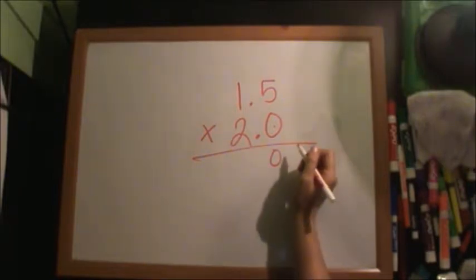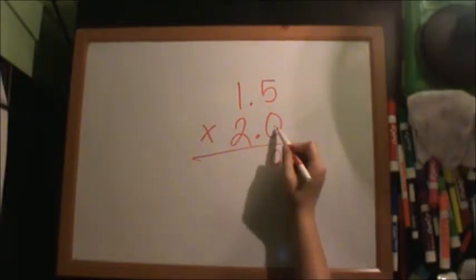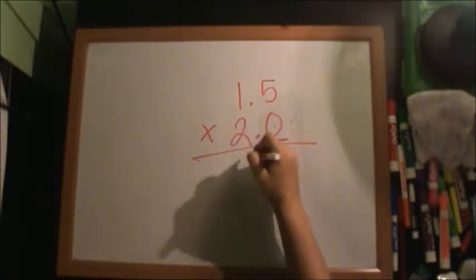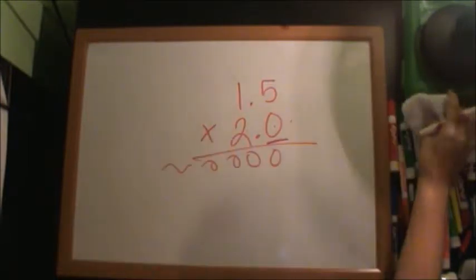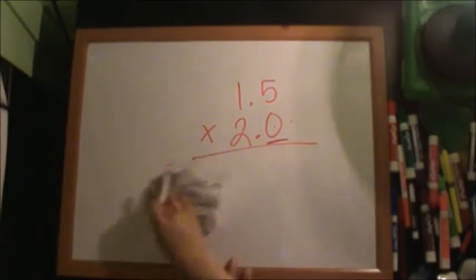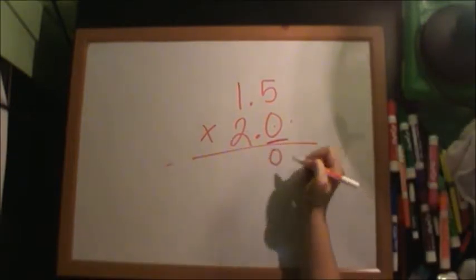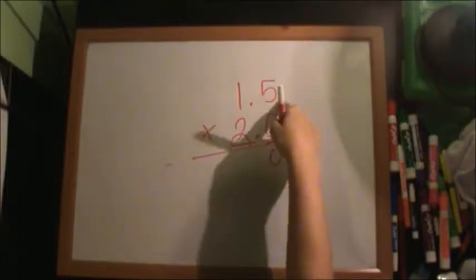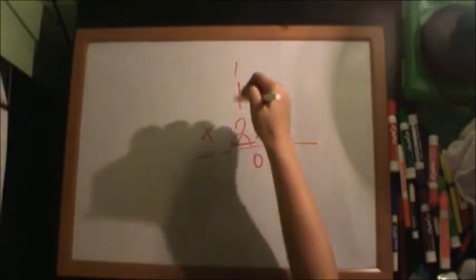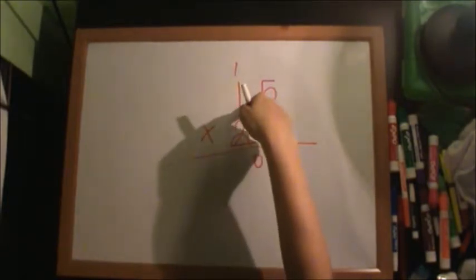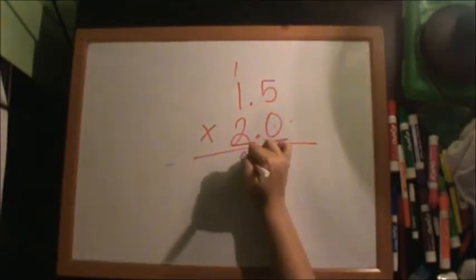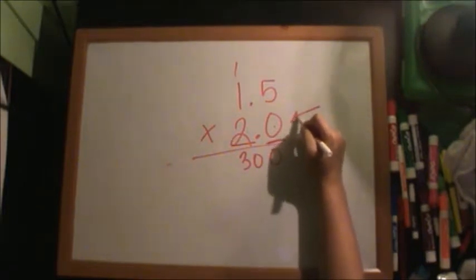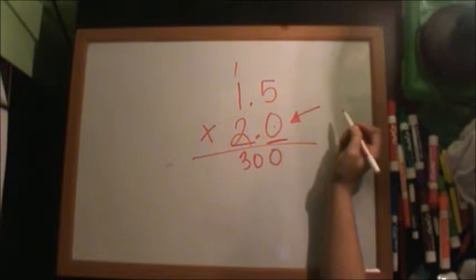We know from standard algorithm that when you have a 0 in this place, you can scoot over, because each time you do this, you're just going to keep getting 0, 0, 0. Now I'm going to move to my second number. 2 times 5 gives me 10. Carry the 1. 2 times 1 is 2, plus 1 is 3. So now I have 300. I actually added another number here, and that's why I got an extra 0.